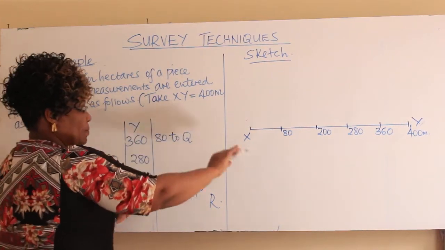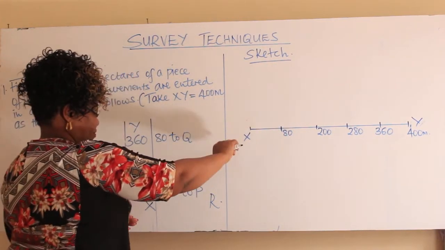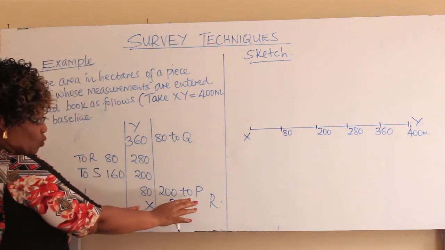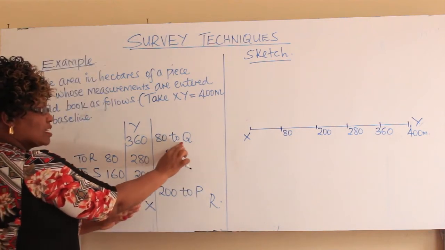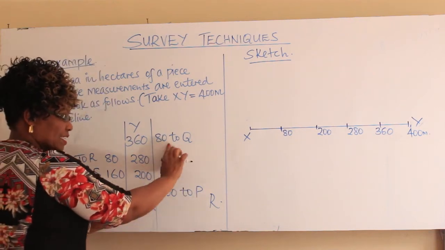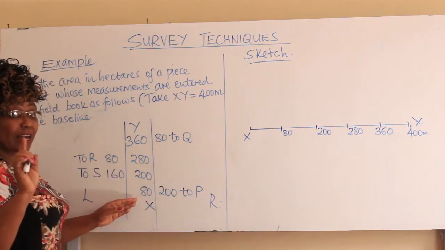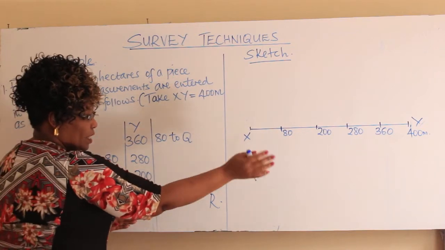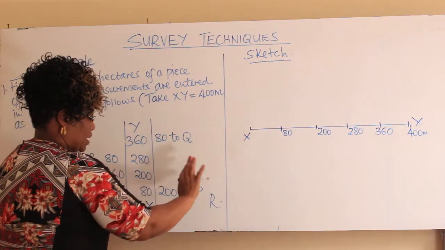If you draw the baseline horizontally from X to Y, then whatever is to the right, we call these offsets. The offsets to the right will go below the baseline.